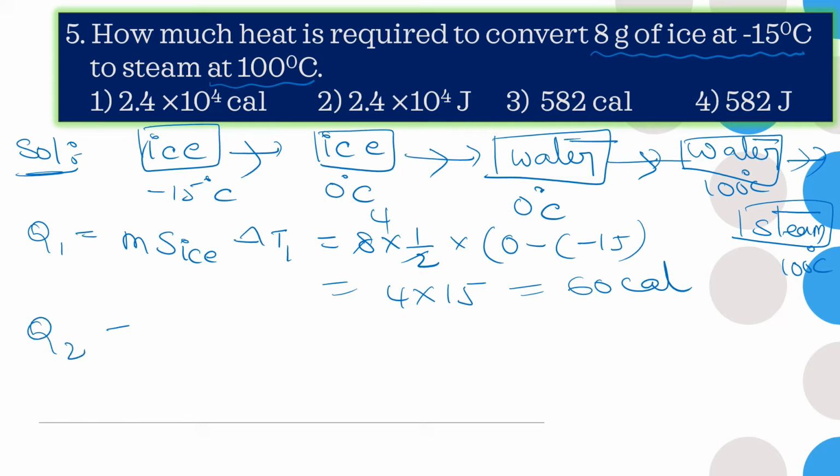Next, Q2 is equal to m L_f, latent heat of fusion, that is 8 into 80, which is 640 calorie.